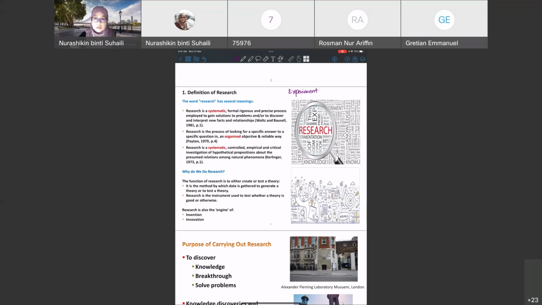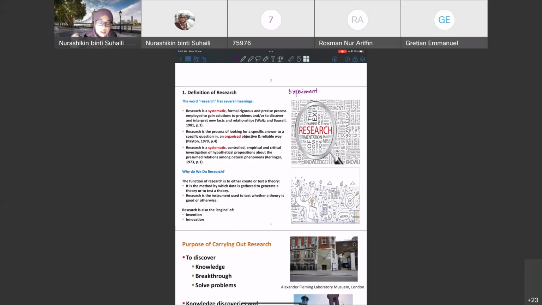Is the medium to obtain result for research or good? Yeah, that's very good. It's the medium to obtain result for research. Okay, so means that you put apa ni distinction between experiment and research. Okay, yeah, correct. Is the medium to obtain result for research. What else? What do you understand from the word experiment?